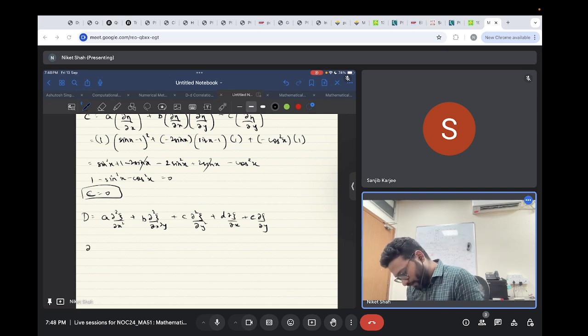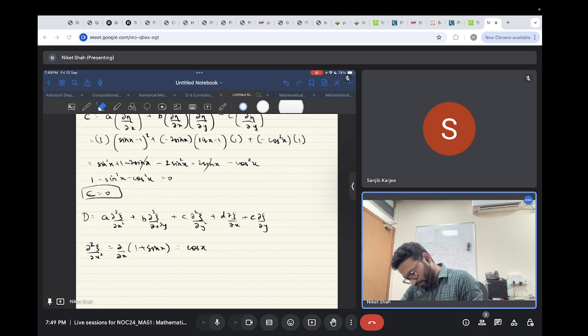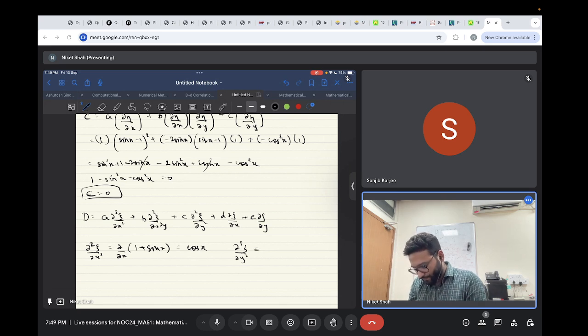So del by del x of del psi by del x. Del psi by del x we already know is 1 plus sin x. So this is equal to cos x. Del square psi by del y square is going to be equal to 0.